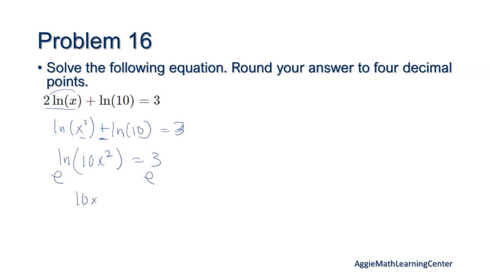Which gives us 10x squared equals e to the 3, which you can just leave like that, and then we can solve the rest algebraically. I would just save that because I want such a specific answer, plugging it all in at the end. And when we square root, then x is equal to this right here.